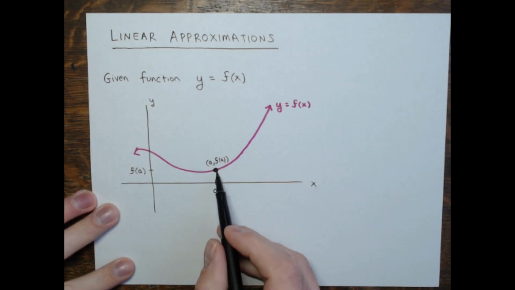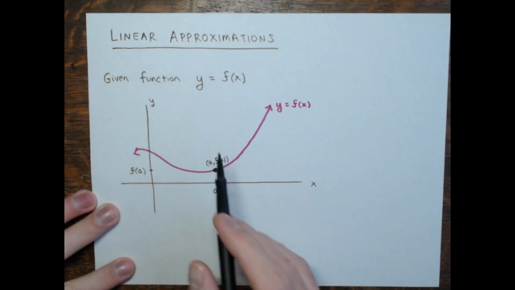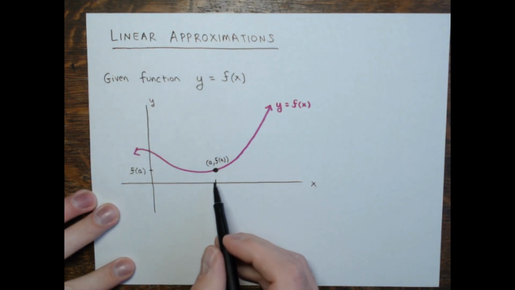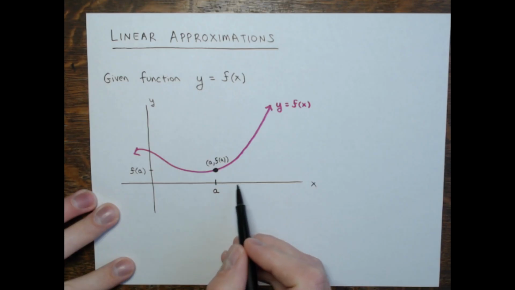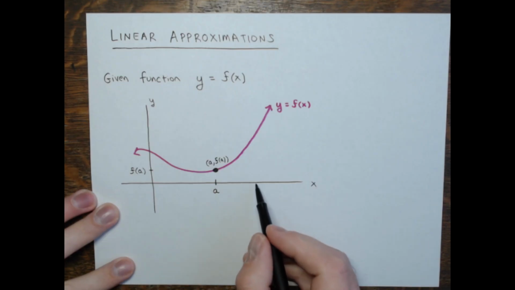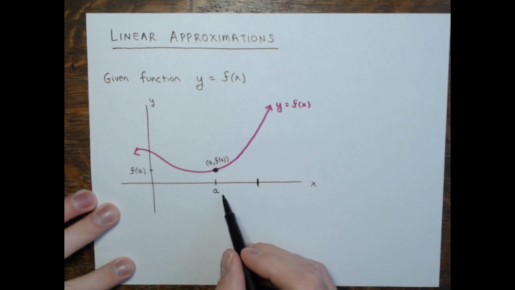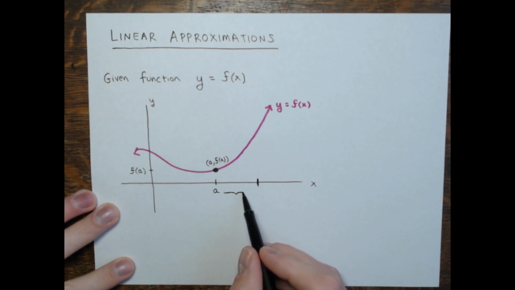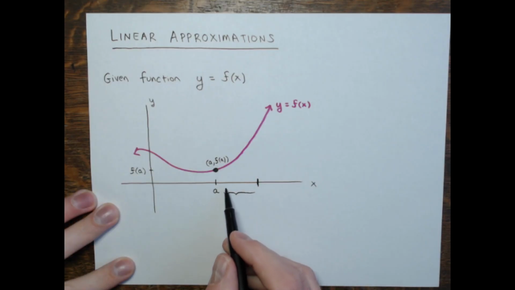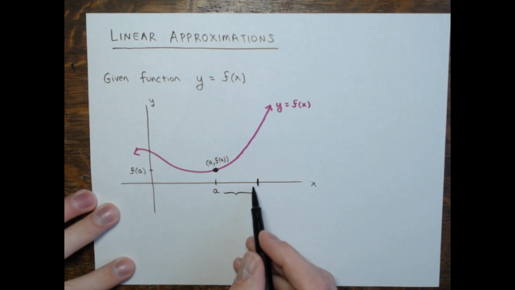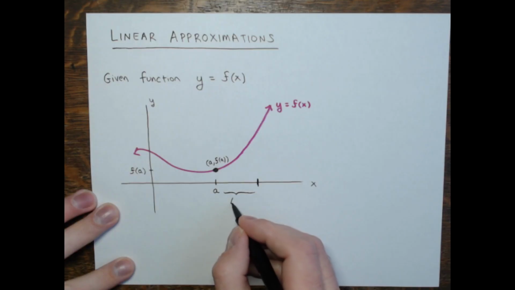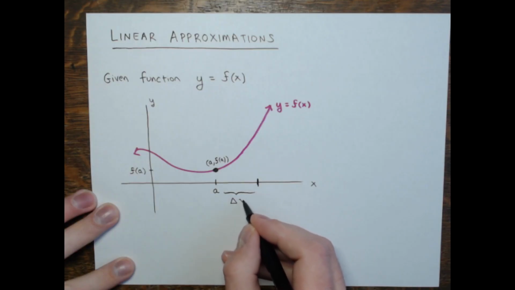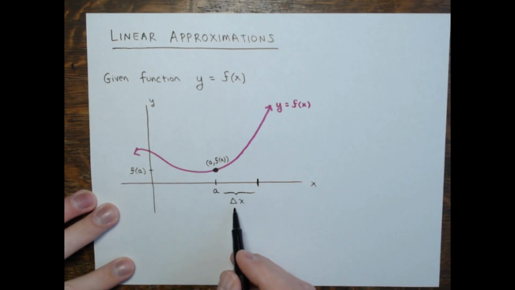Then what we're going to be doing in the first couple of objectives is going off of a, plugging in a value that's away from a. So let me go over here. Again, here's some value that's away from a, and this distance we are off of a is some change in the x coordinate, or delta x.